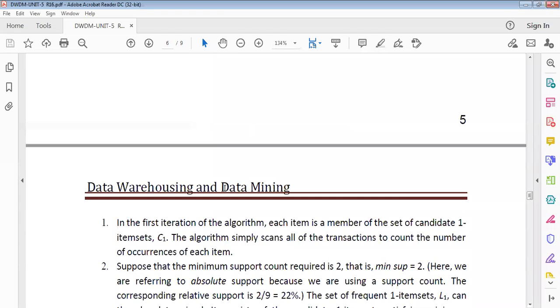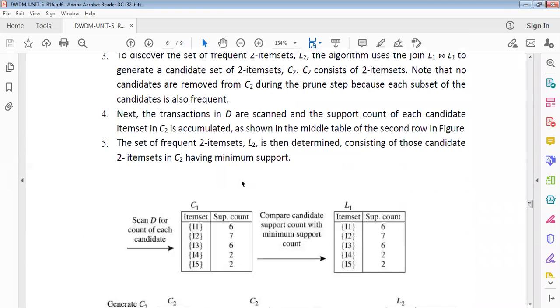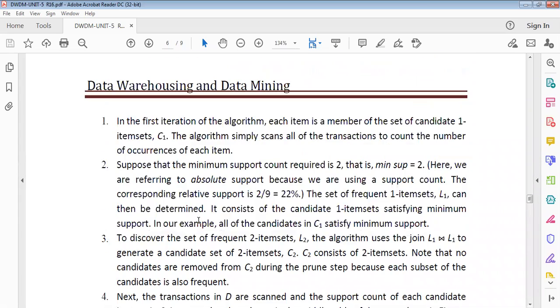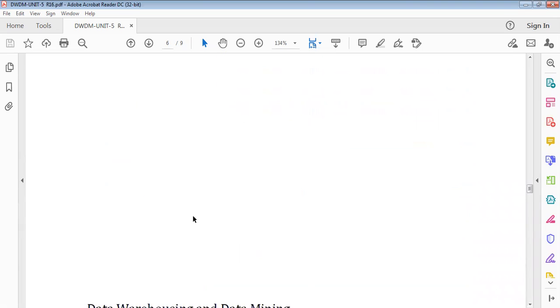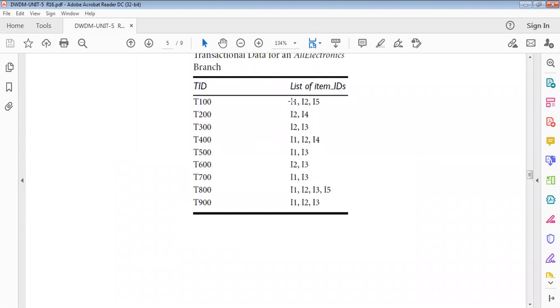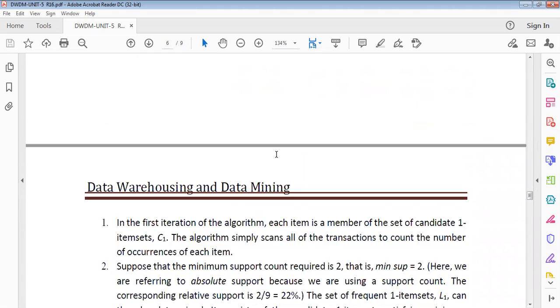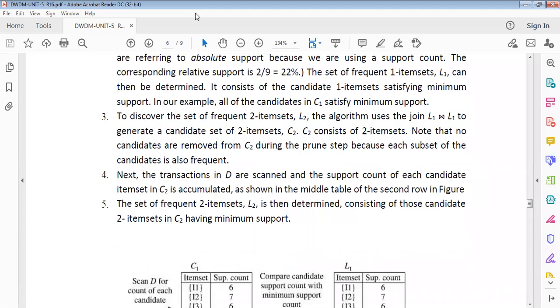Which items are frequent items? First, we have to represent I1. How many customers purchased I1? See here, I1 is purchased by 1, 2, 3, 4, 5, 6, so 6 customers purchased it.